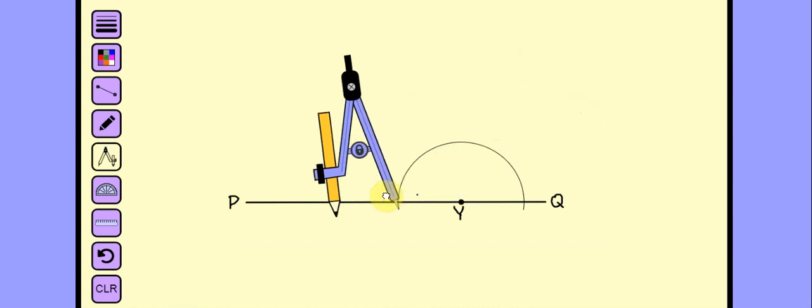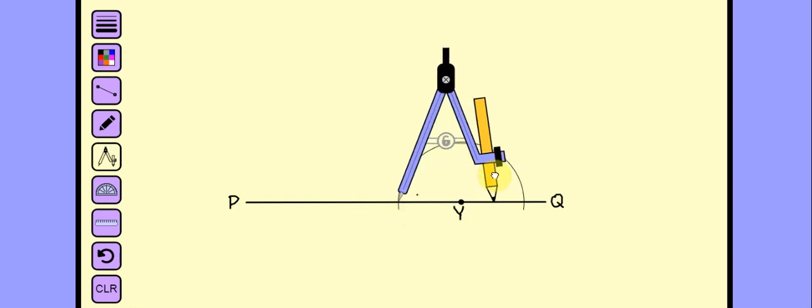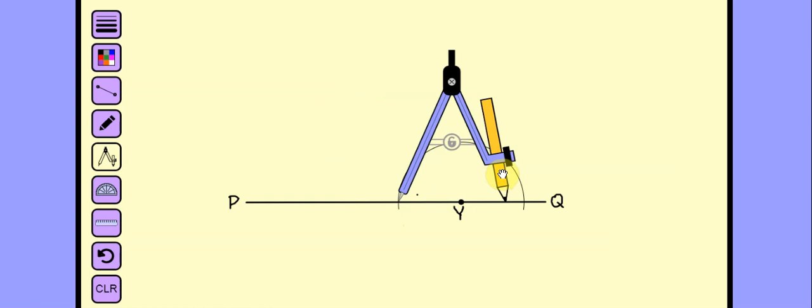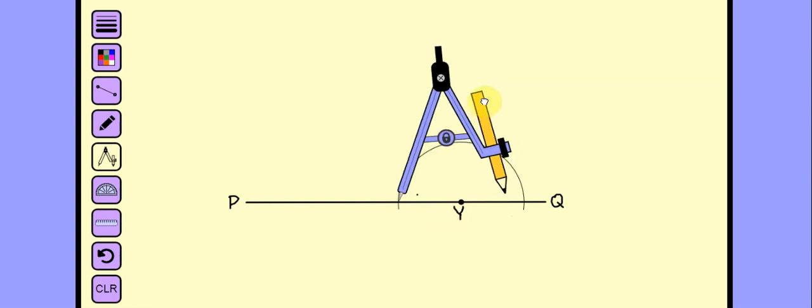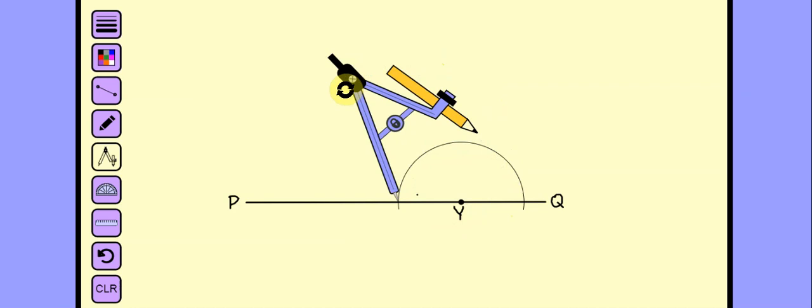Now in order to construct the 90 at Y, of course, we have to once again place the point of the compass at the intersection of the arc and the line PQ. We open up our compass to past halfway, which is point Y, and we're going to now scribe an arc above point Y like this.